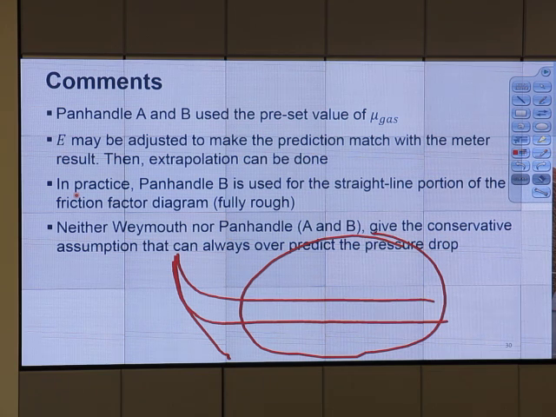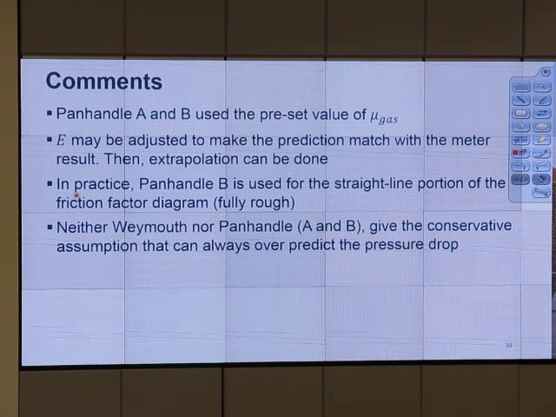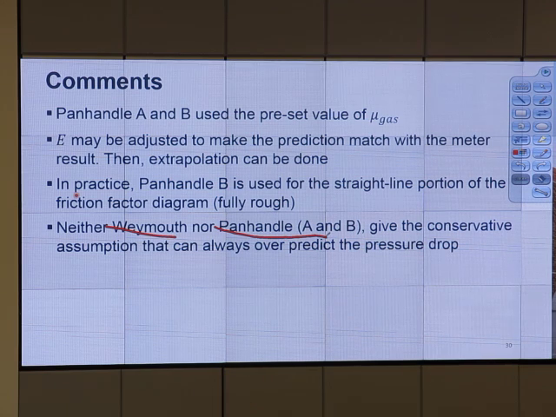In theory, it can be used anywhere, for cross-country pipeline. Neither Weymouth nor Panhandle A and B give the conservative assumption that we can always over-predict the pressure drop. So this means if you use Weymouth or Panhandle B, sometimes it over-predicts, sometimes it can under-predict. Okay, that's a comment.